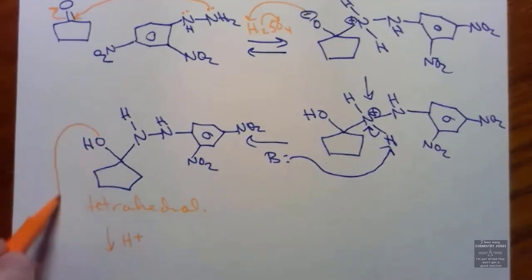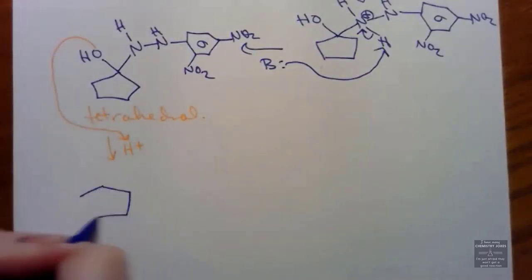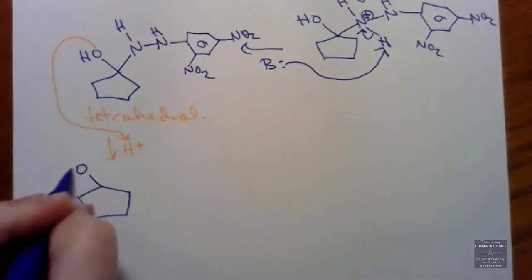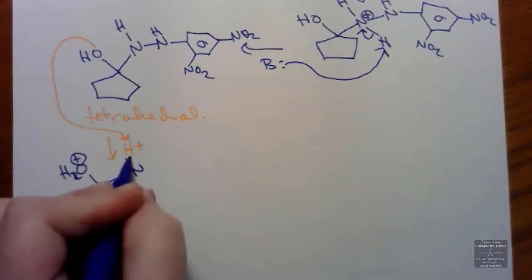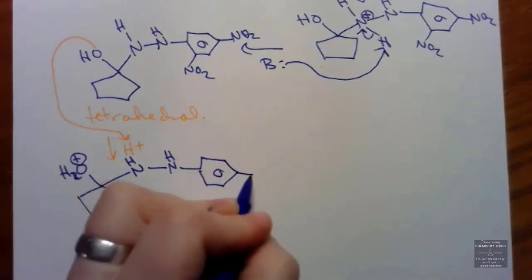This neutral tetrahedral intermediate is ready to protonate a leaving group and let it go. So protonate the O. Why do I know I'm protonating the O? Because the O started out connected to my reactant, and I want it to go away. I want my nitrogen to stay because it's a new addition.